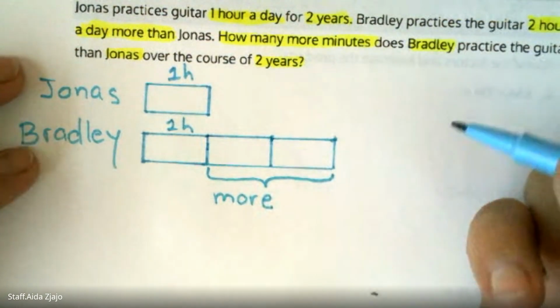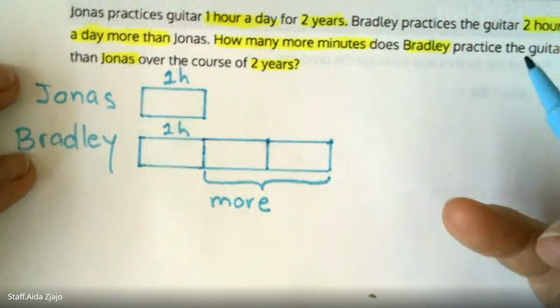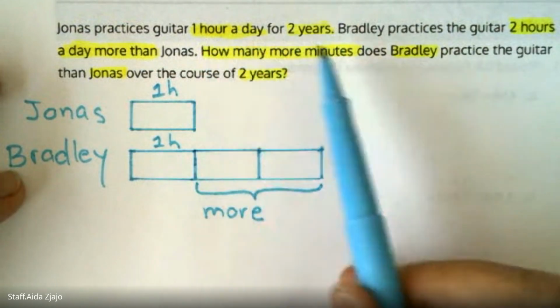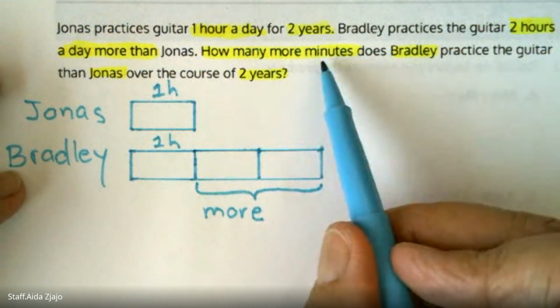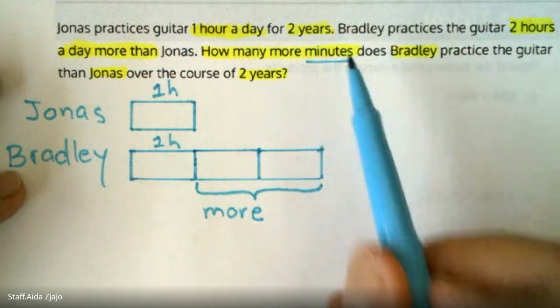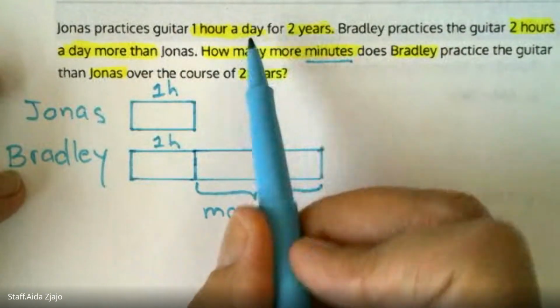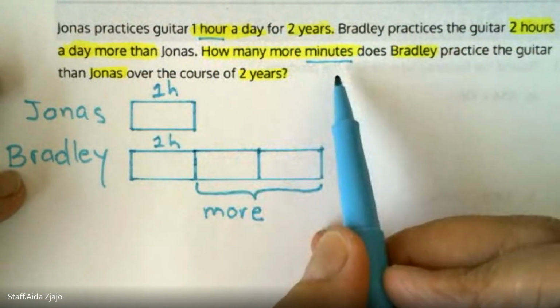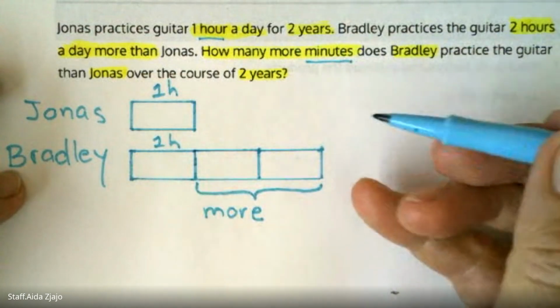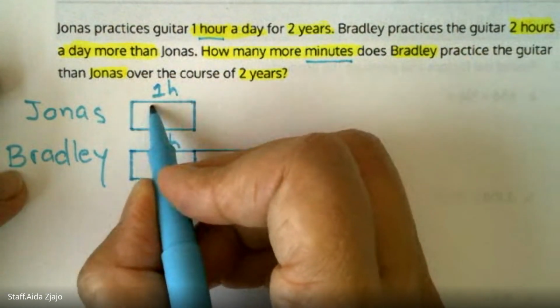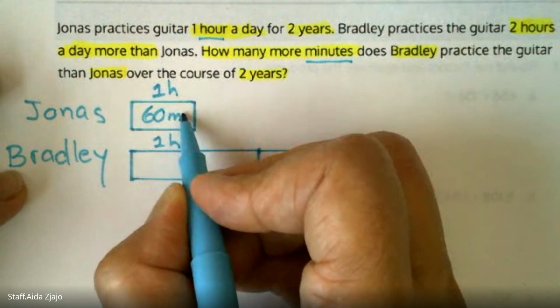Now, another thing: they're talking about hours, but our answer has to be how many more minutes. So we have to think about how we can change these hours to minutes, and that would be easy. This 1 hour is 60 minutes.